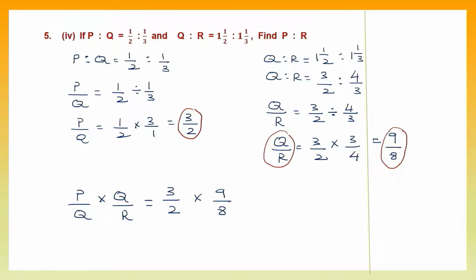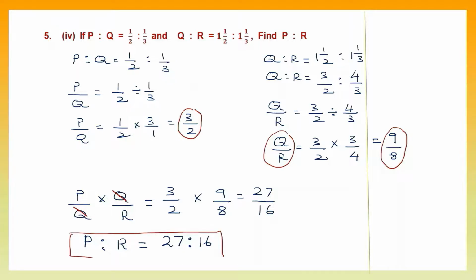Now let's see if we can cancel something. I can cancel the Q here. On the other side, I can't cancel anything, so let me multiply. 9 3s are 27 and 8 2s are 16. So P is to R, this is what is left, is 27 is to 16. So this is my final answer. The ratio of P is to R, what is asked in the question, is 27 is to 16.